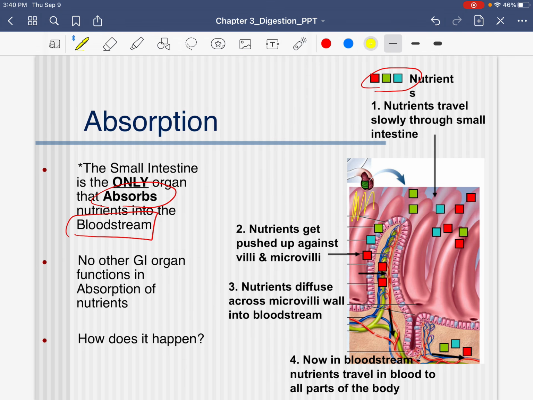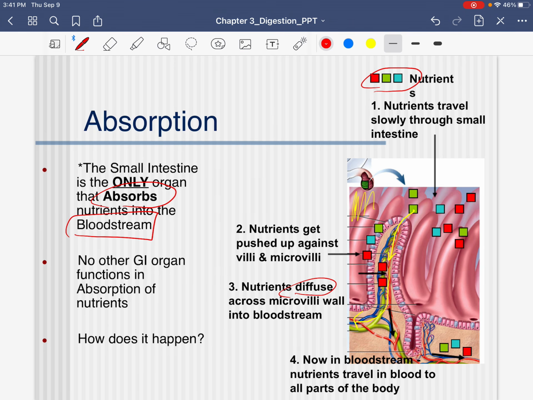So inside the small intestine, we've got a bunch of nutrients, the green, the blue, the red, maybe it's carbs, fat, and protein. We need to get these nutrients across the villi of the small intestine wall into the bloodstream, which will then be able to leave the small intestine and go to a blood vessel so it can be delivered all throughout your body.